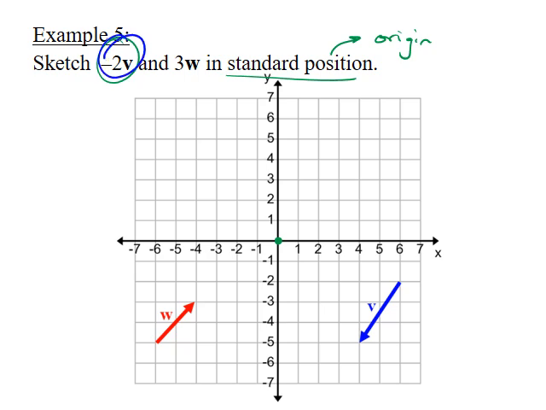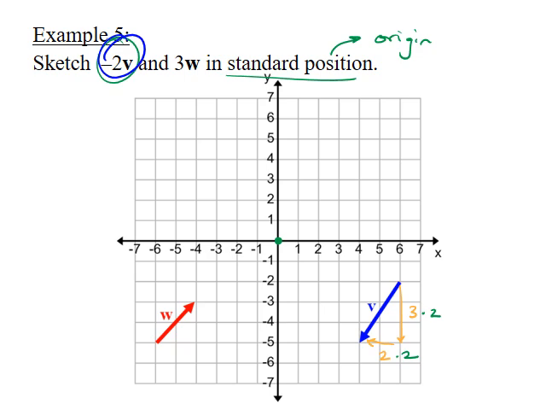So if I want to do 2V, I can see that vector V, from the starting point to the end point, goes down 3 units, to the left 2 units. So basically what that means is I need to multiply each of these by 2, and it needs to change direction.